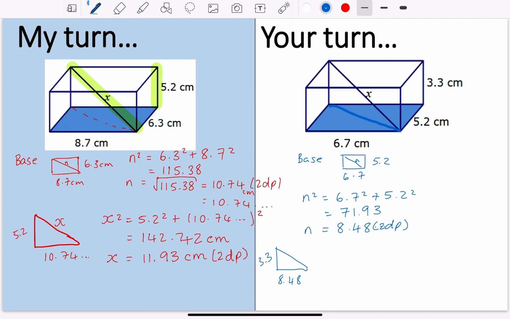Once again, I'm looking for that hypotenuse, that longest side opposite my right angle. So I'm going to be using Pythagoras again. In the same way, not too much rearranging needed. So I'm going to get x squared is equal to 3.3 squared add 8.48 squared. If you are carrying on, obviously that will be the slightly longer decimal.